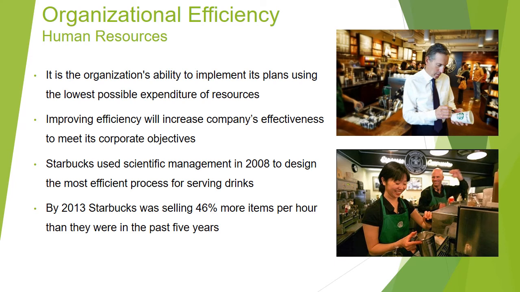They found that there were a lot of opportunities to improve the internal processes because making drinks was taking too long, which took a lot of time from the baristas instead of interacting with customers. After making these changes, within 5 years, Starbucks was selling 46% more items per hour than they were in the past 5 years.